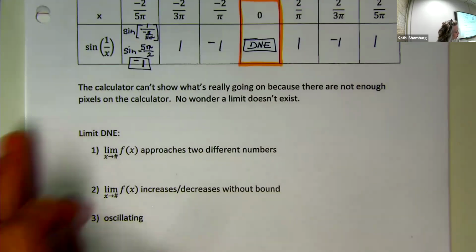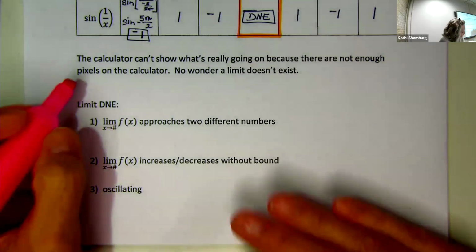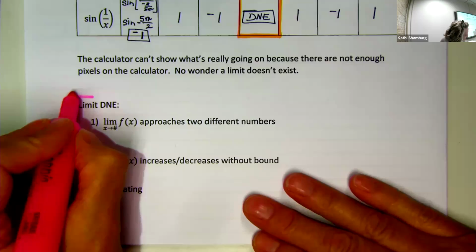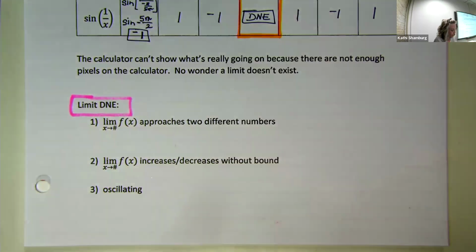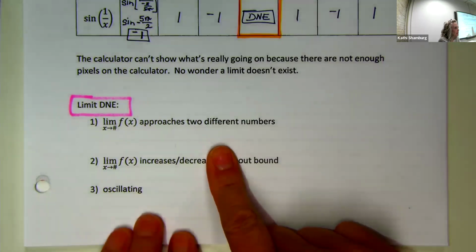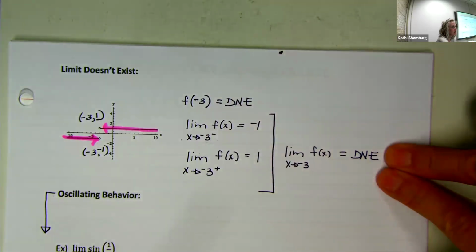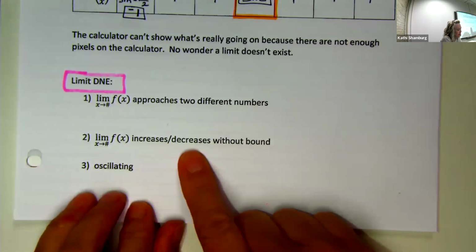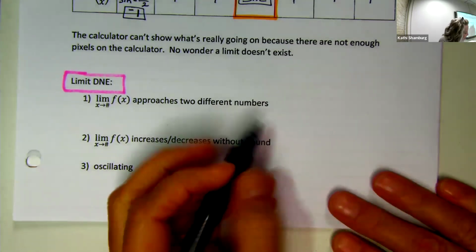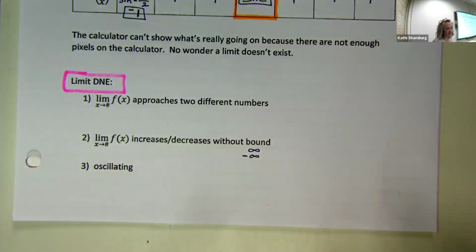So here are the situations that we have dealt with when we're looking for when the limit does not exist. One is when they approach 2 different numbers, so the limit does not exist. Another is when it increases or decreases without bound, so you're talking about positive infinity and negative infinity.